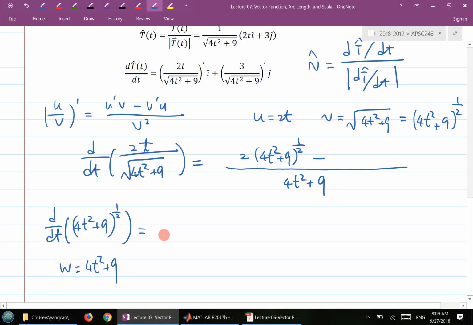So this basically becomes the derivative. What's the derivative? w to the power of 1 over 2 now, right? So you can see this is d this over dw first, and then dw over dt. So that's a simple chain rule.